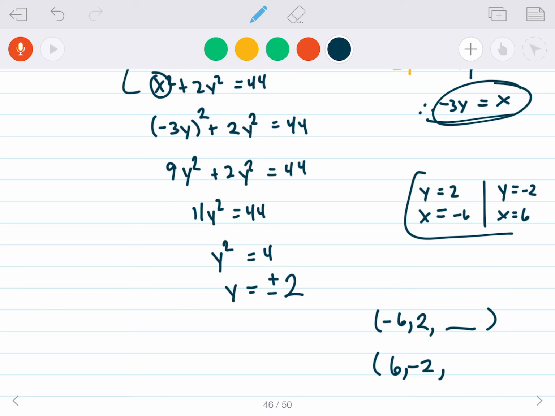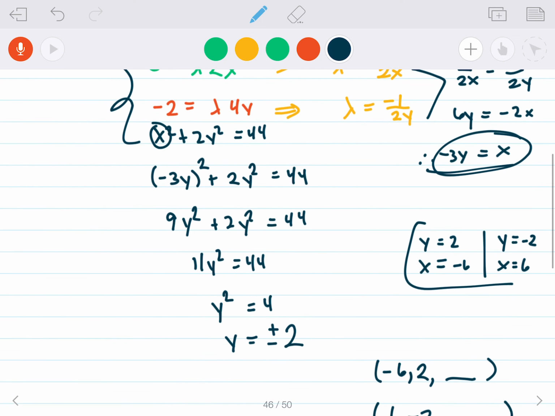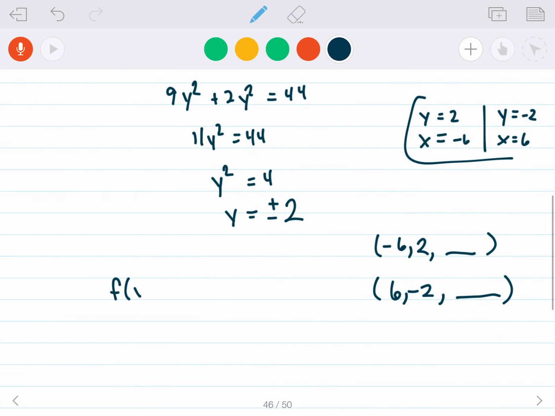Let's figure out what z is. Alright, so let's see, what was my surface? 3x minus 2y. So we have f of x, y equals 3x minus 2y.